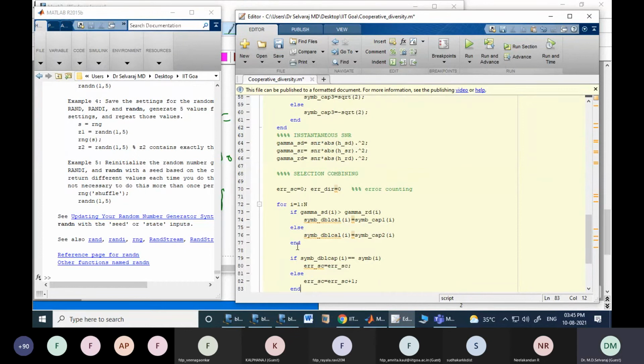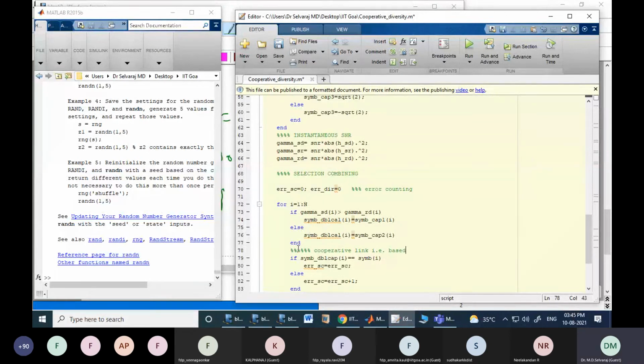So this is what we did for the cooperative link, that means based on selection combining.